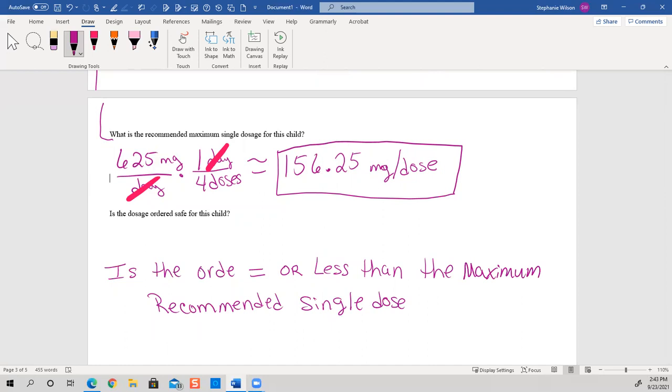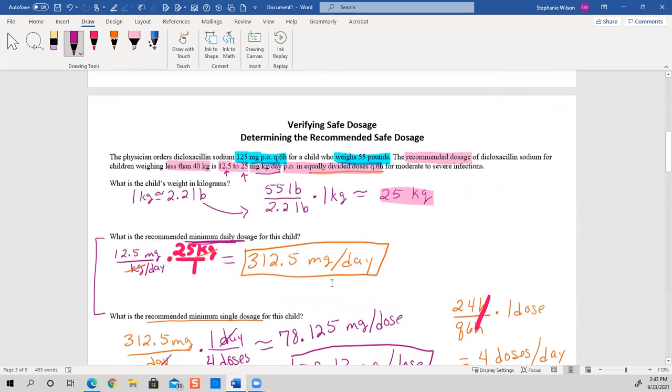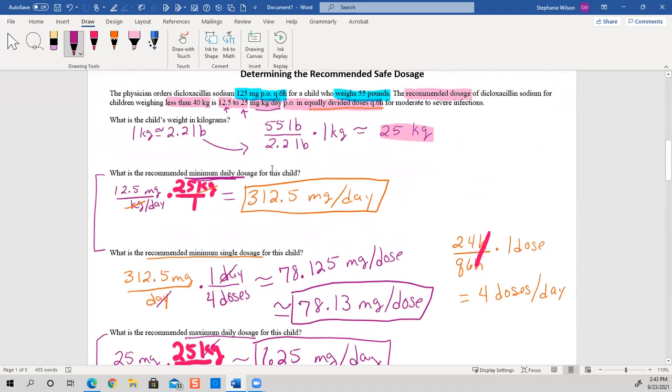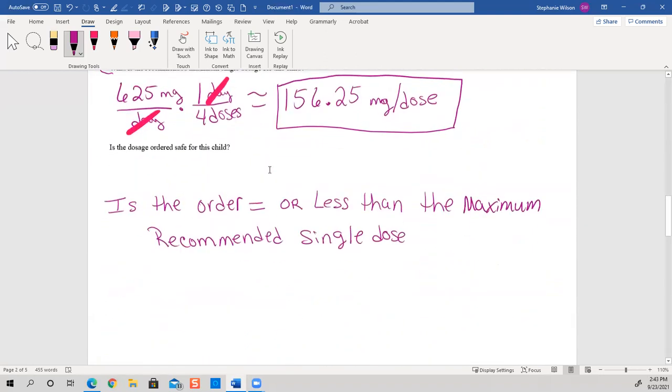Instead, though, this order here is literally saying what? When we go back to the top, what does it say? It says 125 milligrams by mouth every 6 hours. So it's telling me per dose. So 125 milligrams per dose every 6 hours is my order.